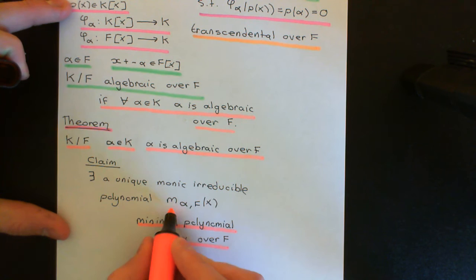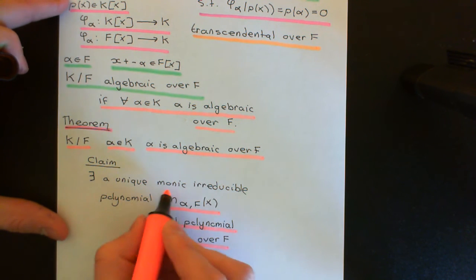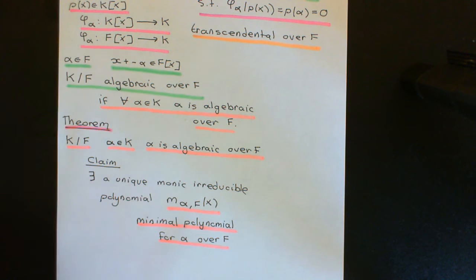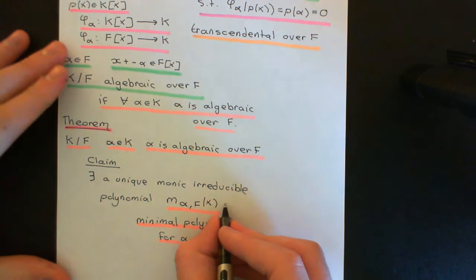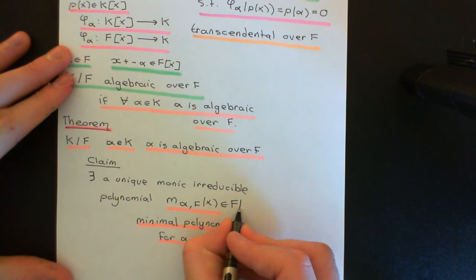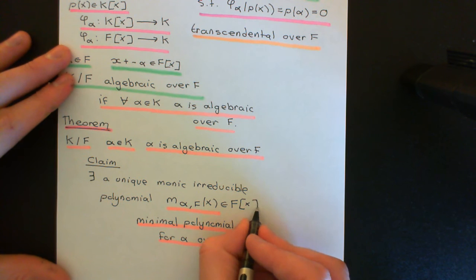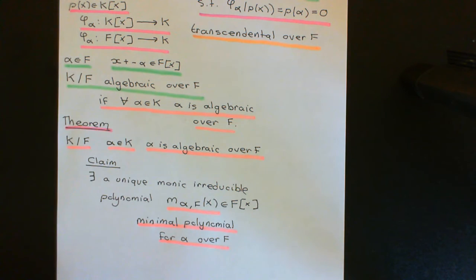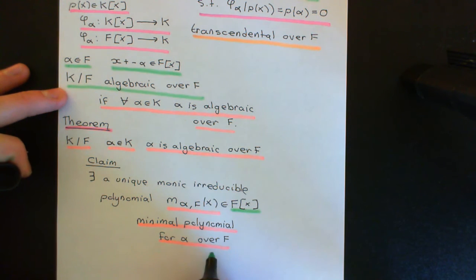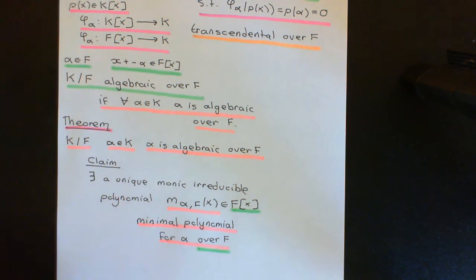Okay, and this is what we're going to define to be the unique monic irreducible polynomial, which is an element of the ring of polynomials over the field F. So that's what the over F bit here tells you, that it is actually a polynomial with coefficients in the field F. So it's an element of the ring of polynomials over the field F. So that's that bit.